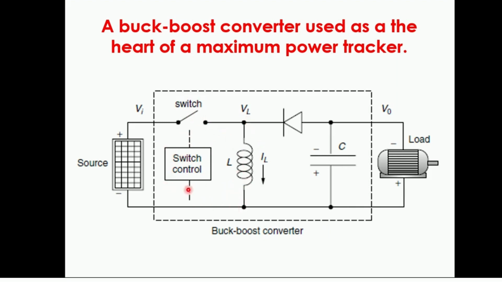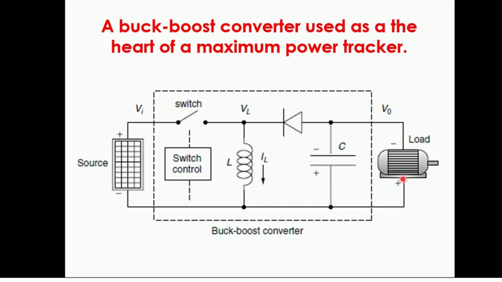As the inductor charges, the energy will not flow to the load because the diode is reverse biased. But when the switch is off, the inductor energy will be released through the capacitor and the capacitor will provide the energy to the load.